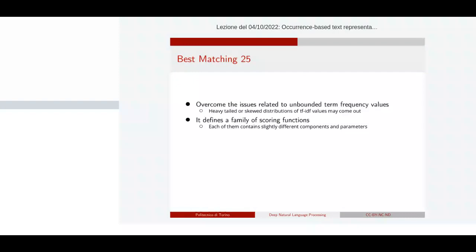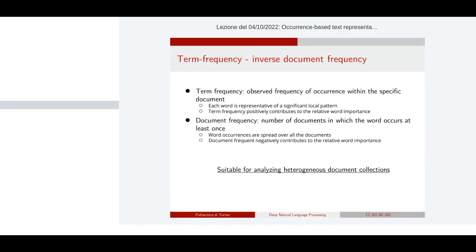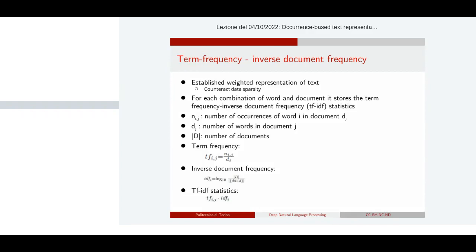For example, another extension of TF-IDF is called BM25, best matching 25, and the formula is here. As you can see, you again have the two local and global terms, TF and IDF, similar to TF-IDF. It's a multiplication of two terms, TF and IDF, the combination of the two.